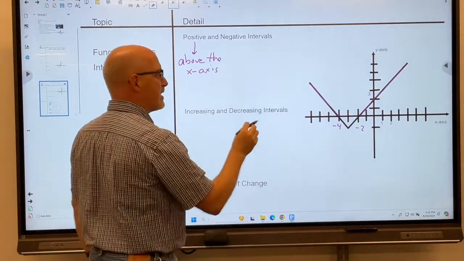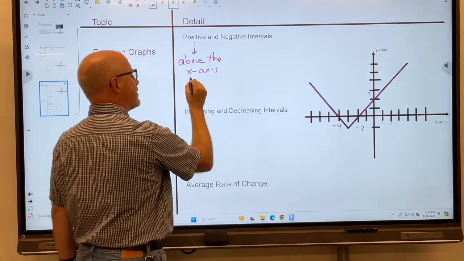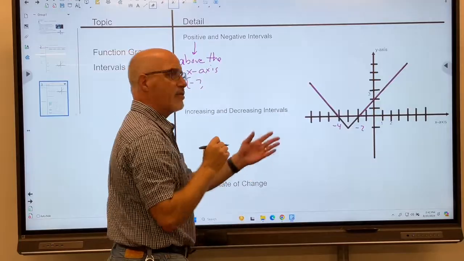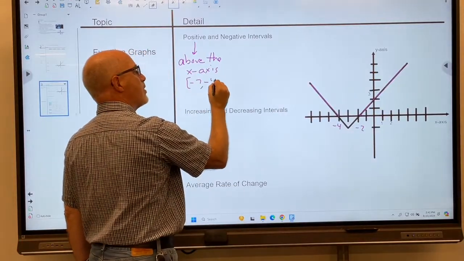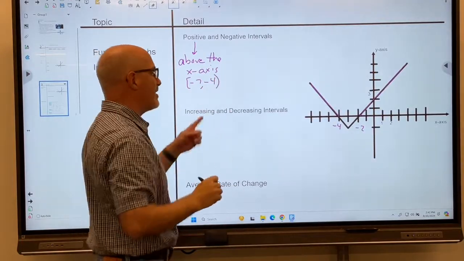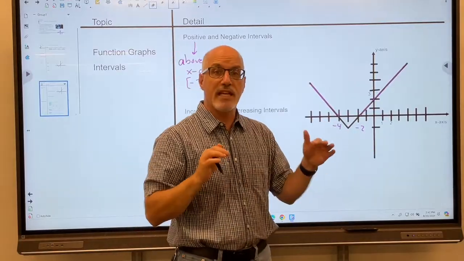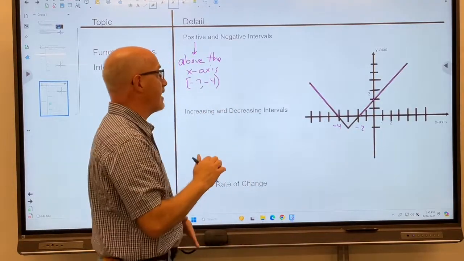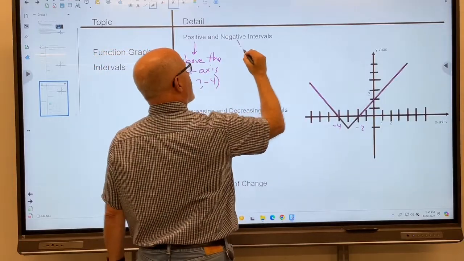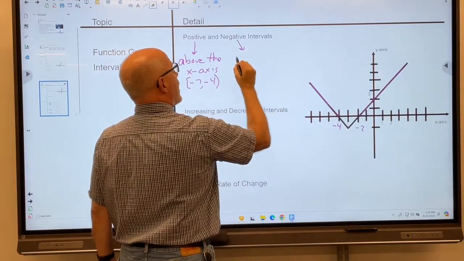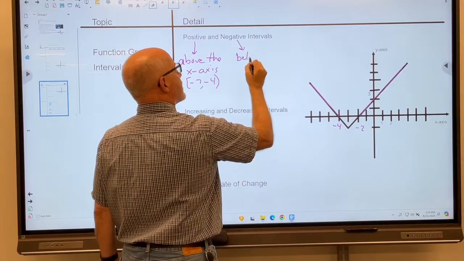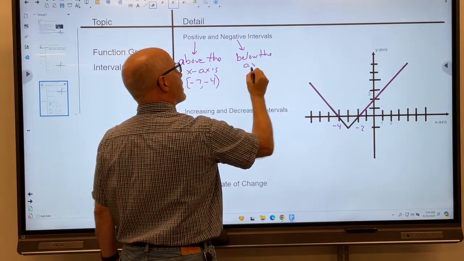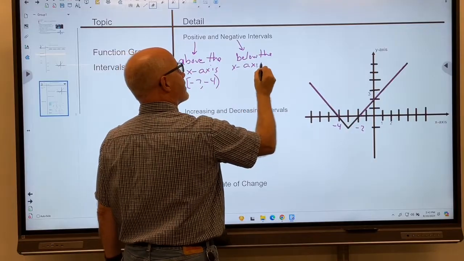So above the x-axis, it starts here at the -7. -7 is above positive. But then it goes to -4, and notice we get to -4, it doesn't include the -4 because -4 has a y value of 0, neither positive nor negative. The negative intervals, on the other hand, are below the x-axis.